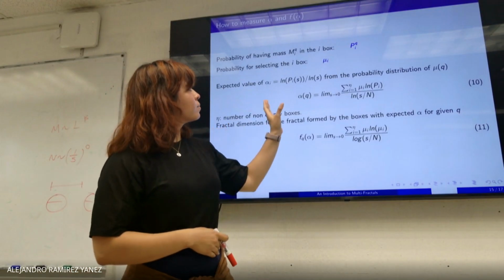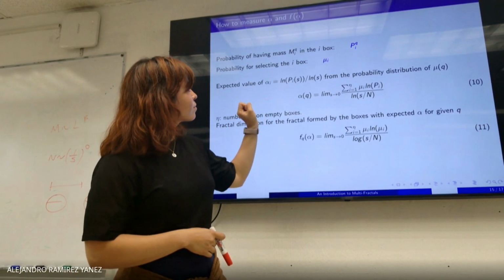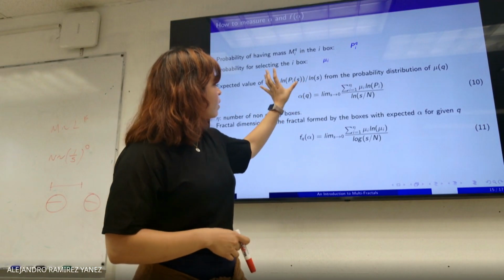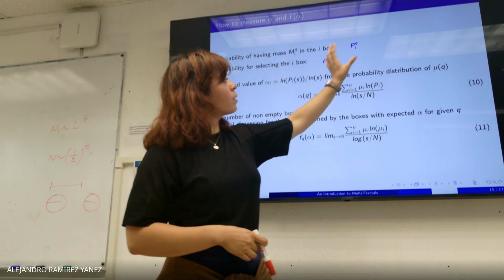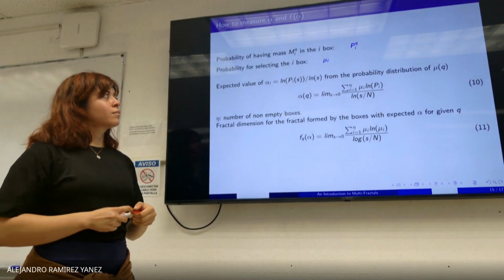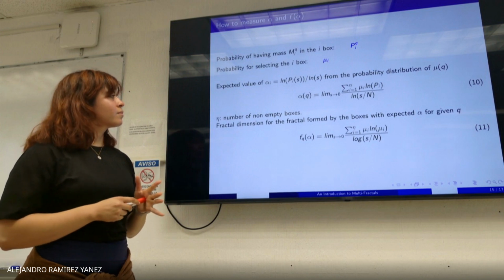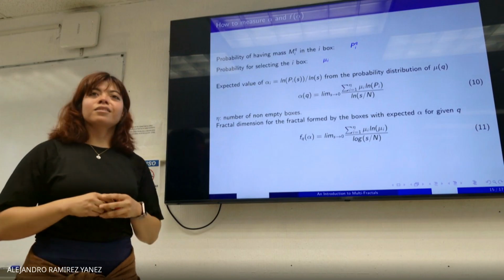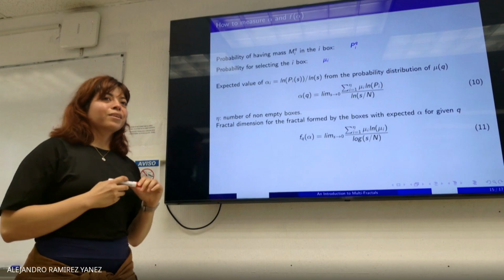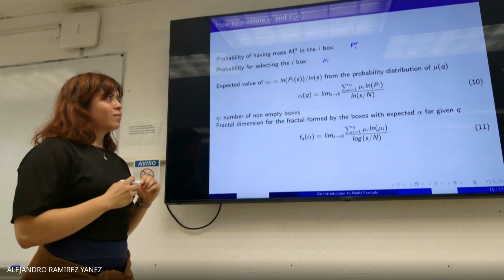Hence, we measure the expected value of alpha i from the probability distribution mu q. Is this clear?